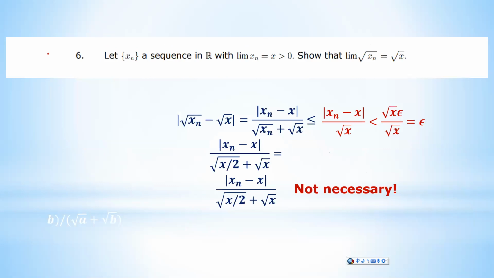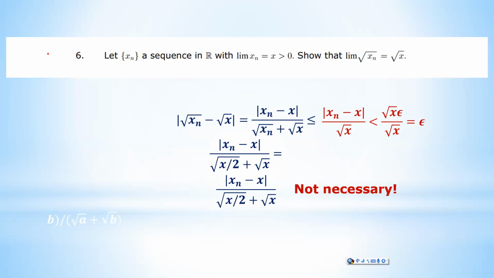Okay, and number 6, I just mention a few points. When we handle the combination of limits in the division case, this case is much easier than the division case because square root xn can be removed.